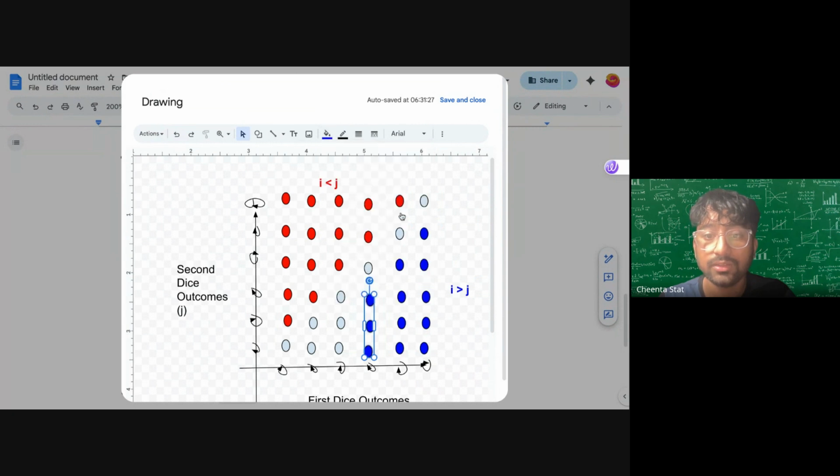All of you understand this, guys? Questions? This is i less than j, i greater than j. And this middle one will be i equal to j.